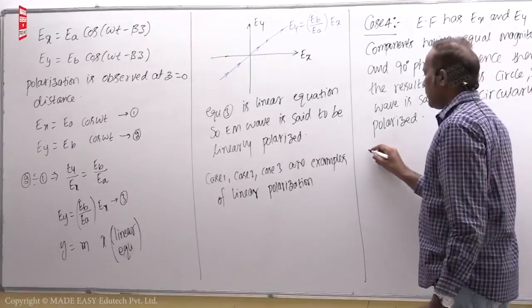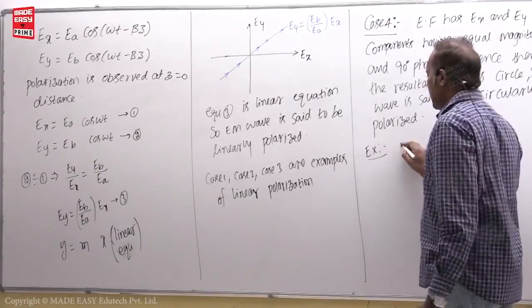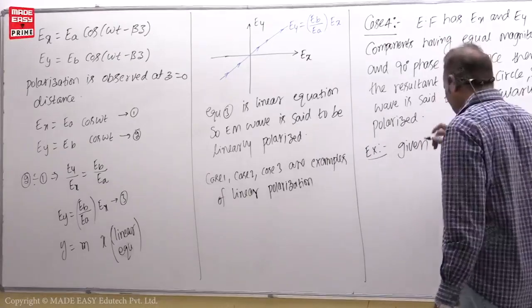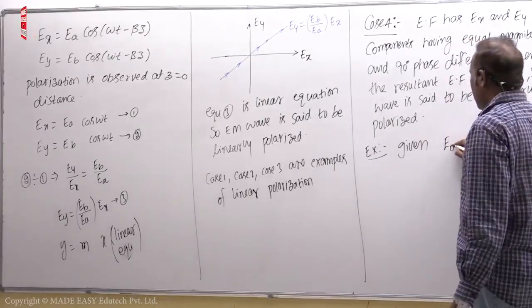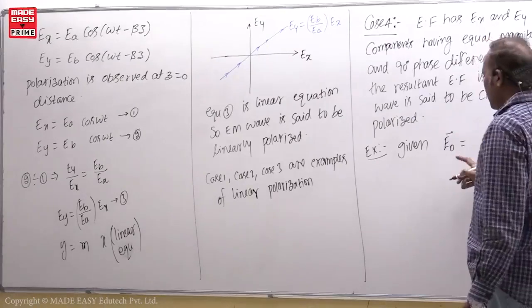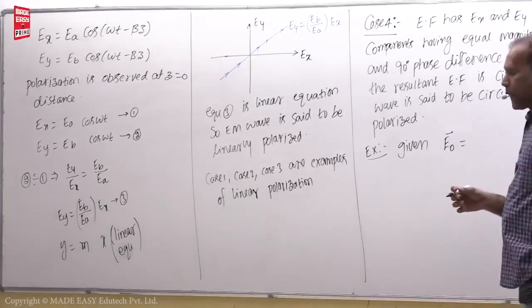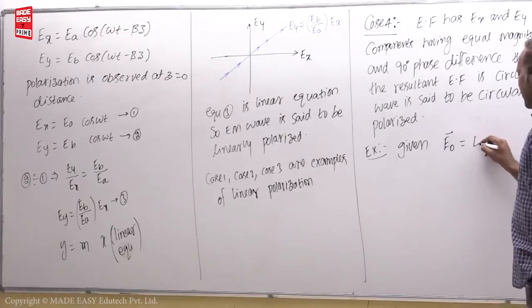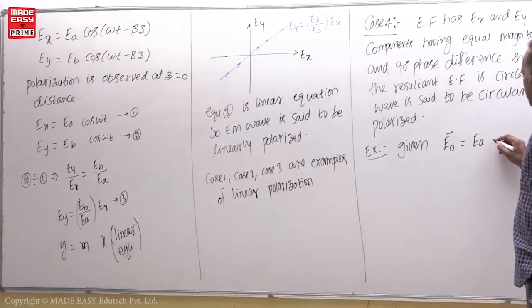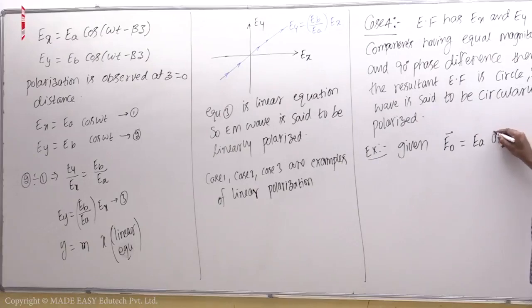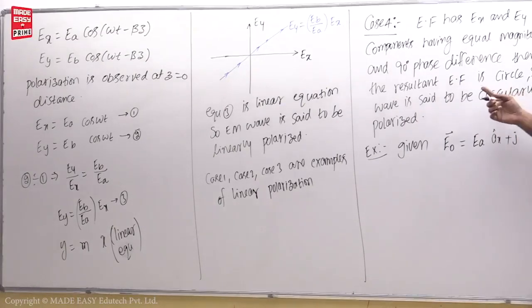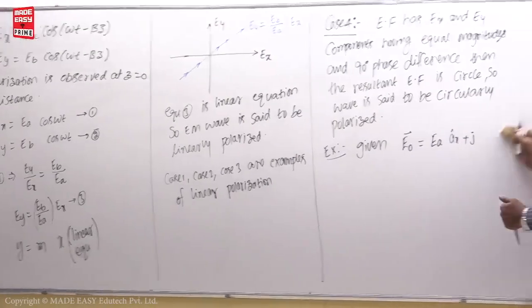So the example is given like this. Given E naught vector, that is the initial electric field vector, is given as EA ax cap plus j EA ay cap. j means what, students? j means 90 degrees.